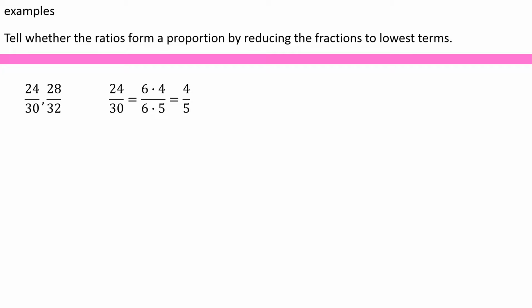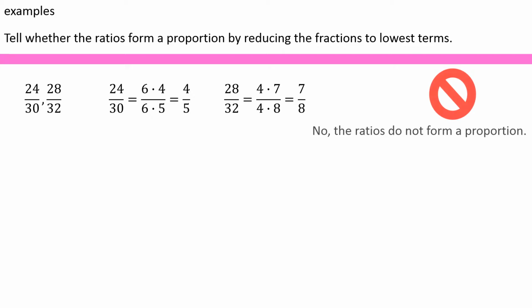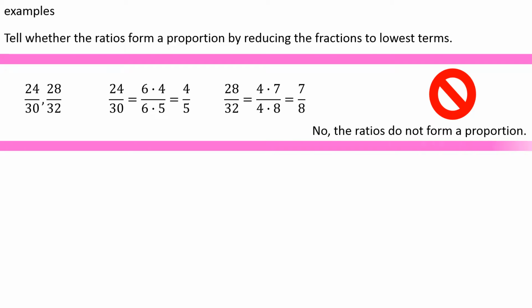Of course, the 6's cancel, leave me 4/5. How about 28 over 32? Well, greatest common factor is 4. The 4's cancel. 7 over 8. That does not match 4 over 5. No, the ratios do not form a proportion.